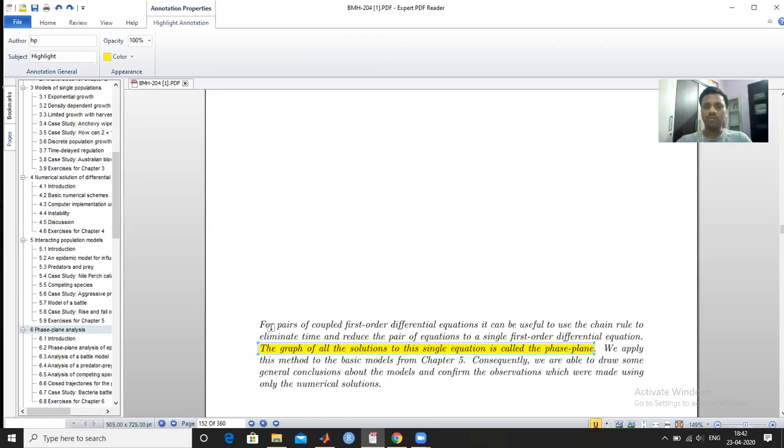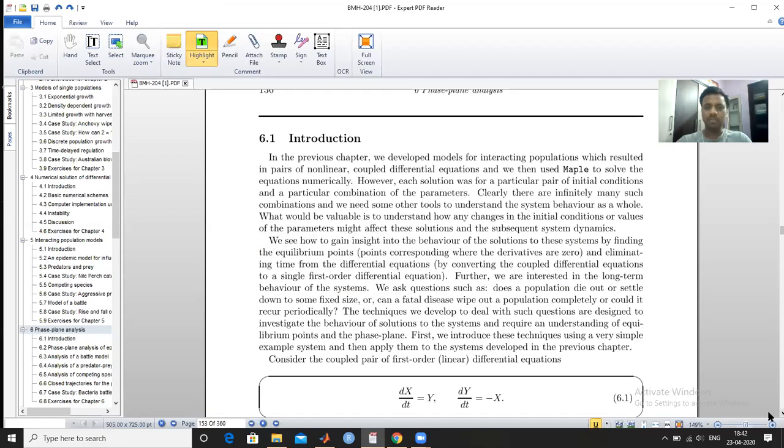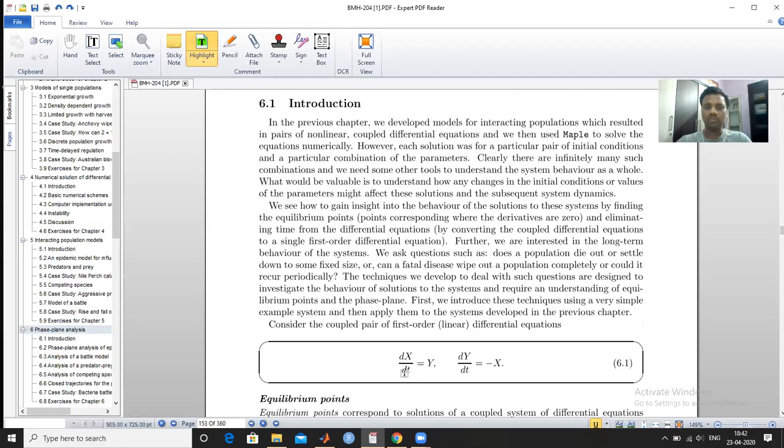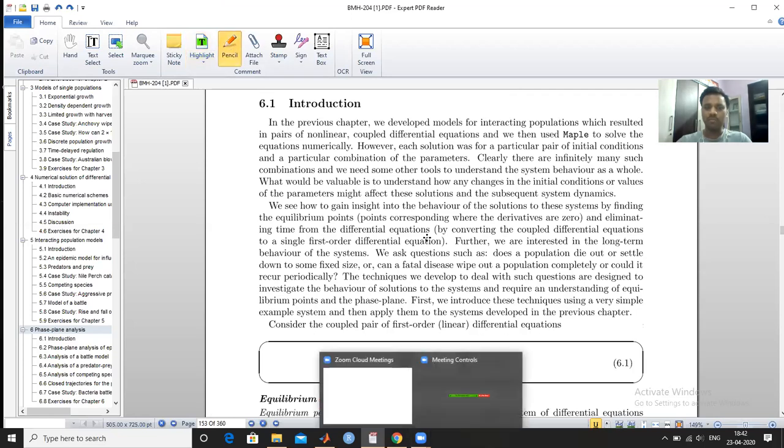Suppose you have two equations, we can explain by this. Suppose we have dx over dt is equal to y and dy over dt is equal to minus x. So is this a coupled or decoupled system?